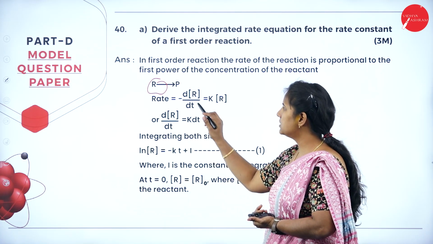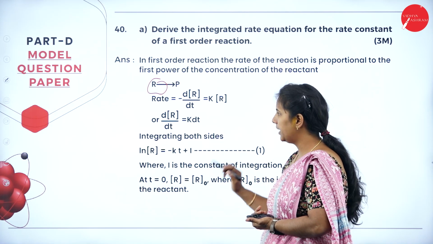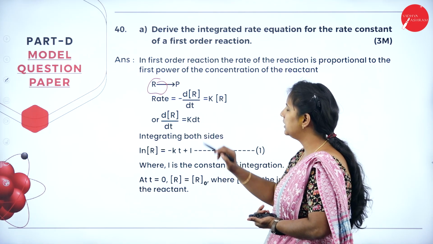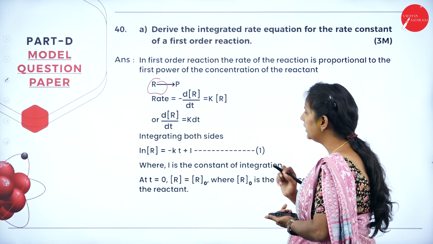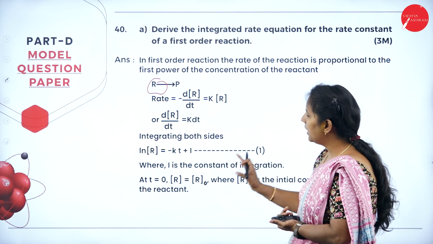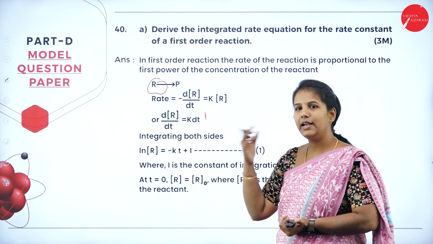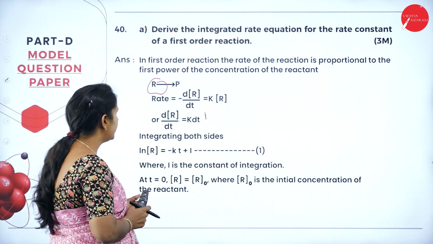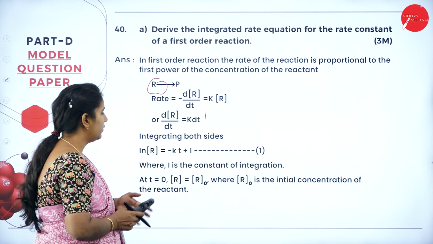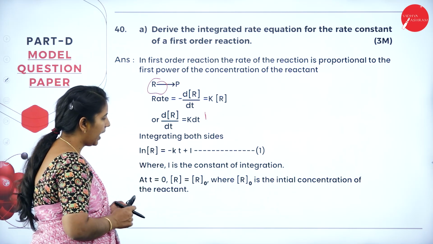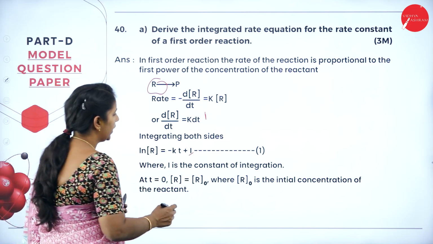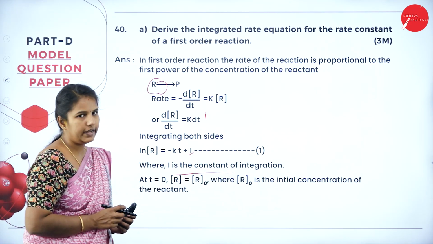So when we write this rate equation, I can rearrange it and write it as dR divided by R is equal to k dt. Now for this equation I will integrate on both sides. You'll get ln R is equal to minus kt plus I. This I stands for the integration constant, or you can say it is a constant of integration.